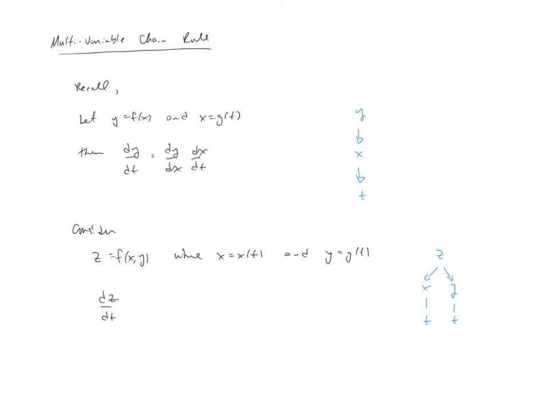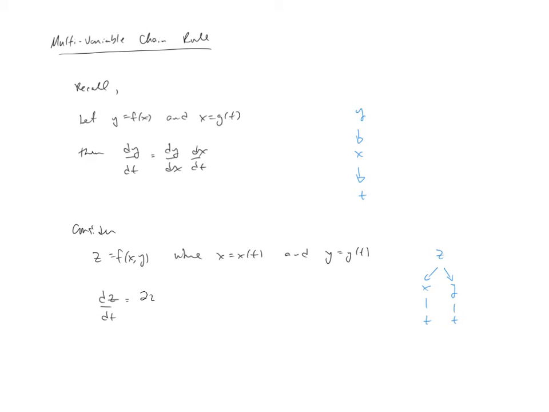Now, if our job is to come up with dz/dt, we're going to have to use all pathways leading us there. So to do this, I'm going to start with my first pathway. Notice here how you're leaving z and going to either an x or a y. That means you have choices. If you have more than one arrow coming out, it's got to be a partial derivative. So I'm going to have partial z, partial x.